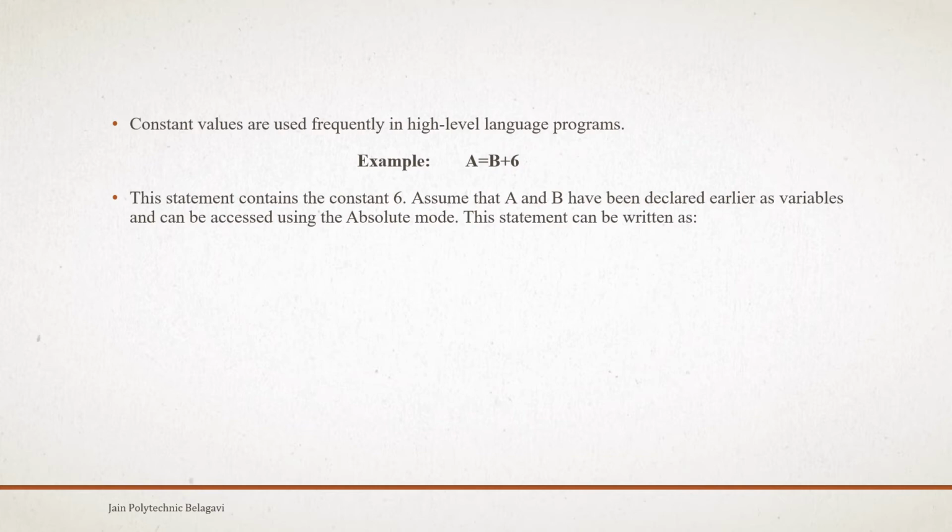So to execute this instruction, first we move the contents of b into the R1 register. Directly we are accessing the contents of b from the memory location and placing it into register R1. Now R1 contains the contents of memory location b.